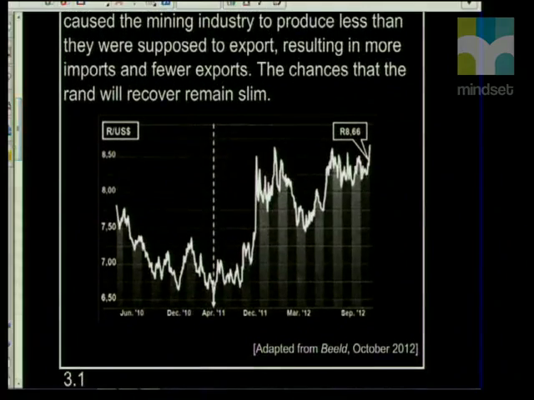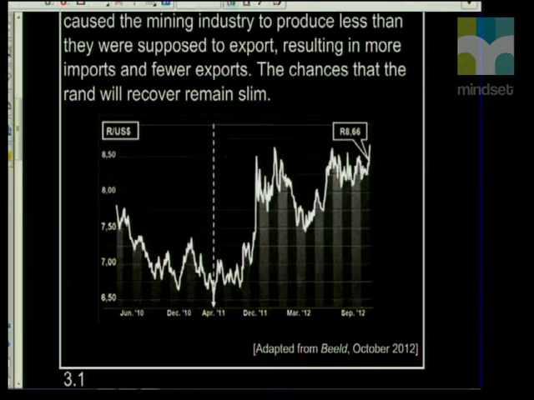We also have a graph which shows how our exchange rate has been dramatically moving up and down from July 2010. From July 2010 we can see it was going down, from somewhere in the region of 7.90 to the US dollar, and by 2010 it was right at the mark of 6.50.